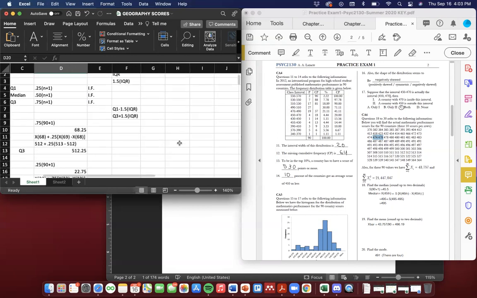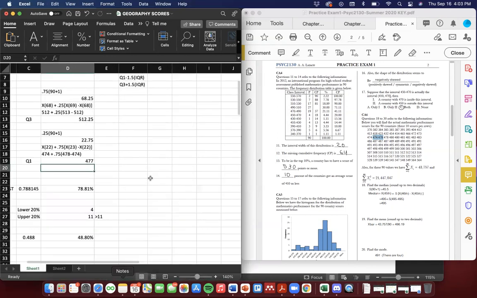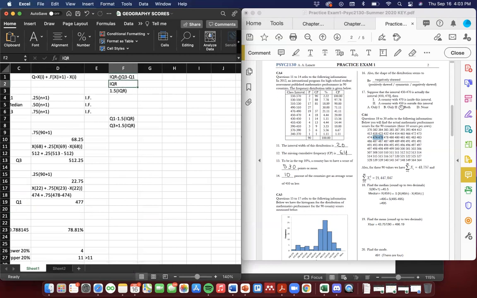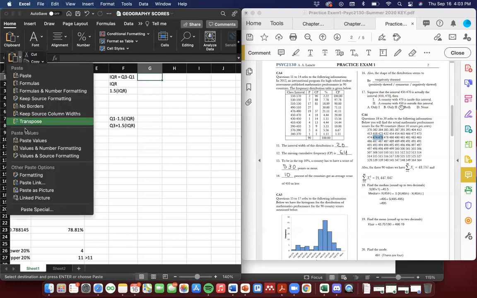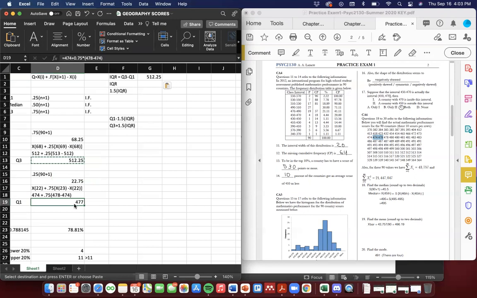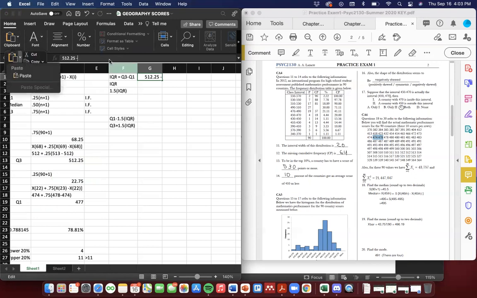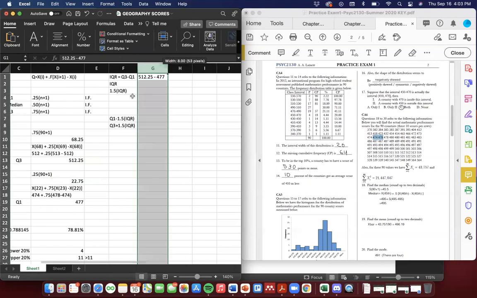Now we're going to use these numbers to find the interquartile range. So Q3, that's Q3 right there, minus Q1.